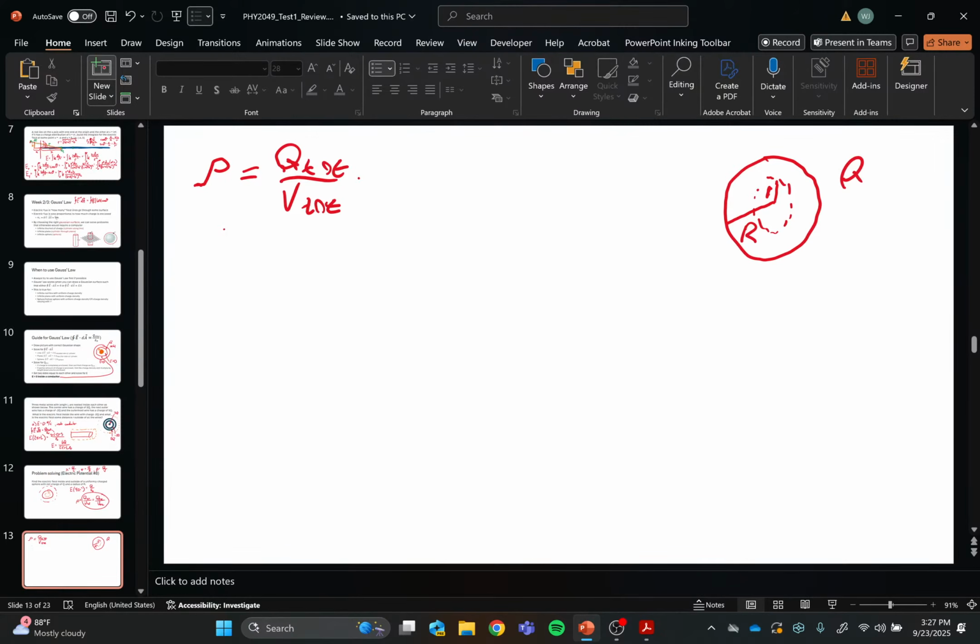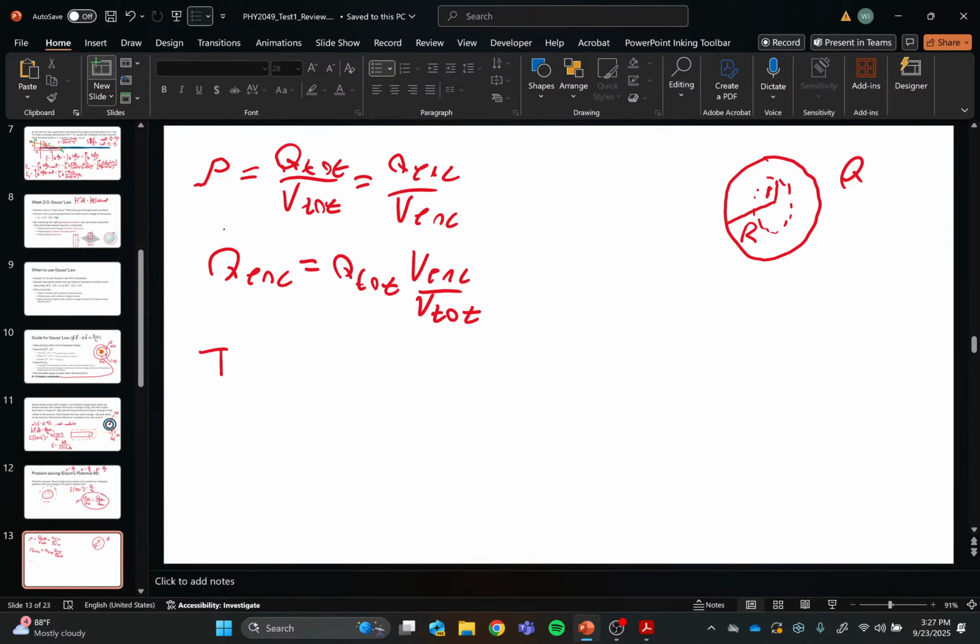But like was mentioned before, this is also the enclosed charge over the enclosed volume. So we can solve for the charge enclosed: it's Q total times the enclosed volume.